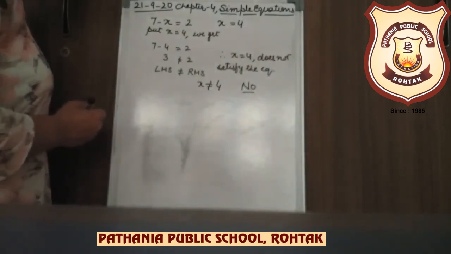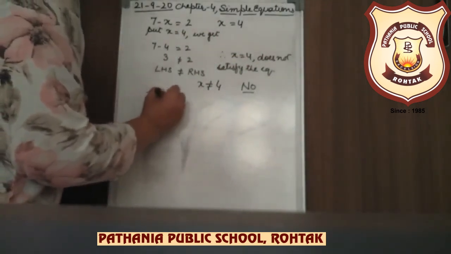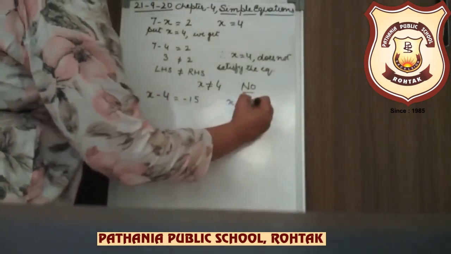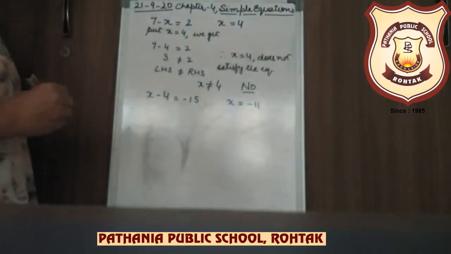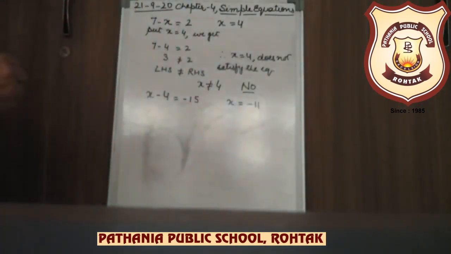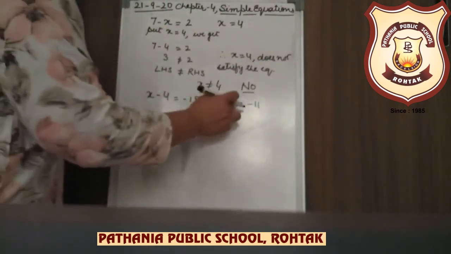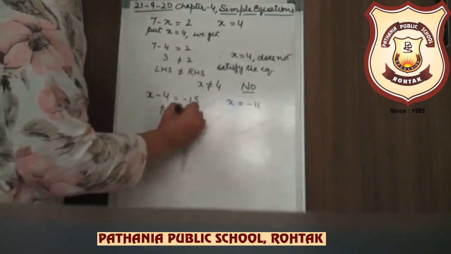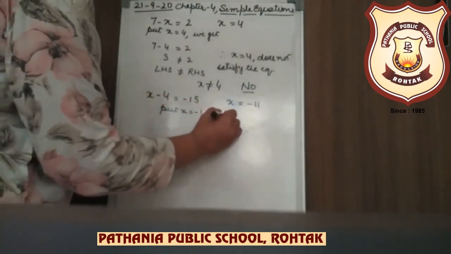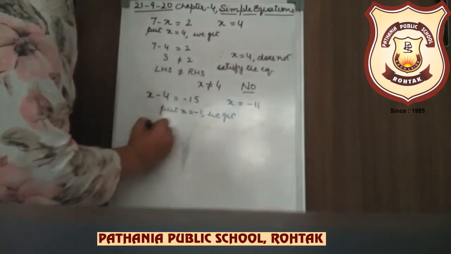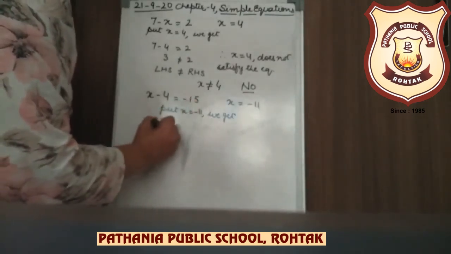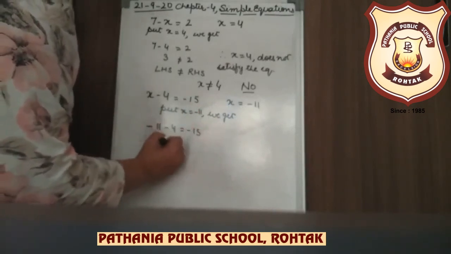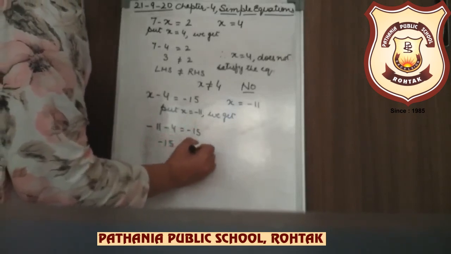I'll take one more example so that you will come to know how the value is satisfied. Now this is the equation, x minus 4 is equal to minus 15, and the value for x is given as minus 11. So put x is equal to minus 11, we get minus 11 minus 4 is equal to minus 15. When you add these two, it is minus 15 is equal to minus 15.